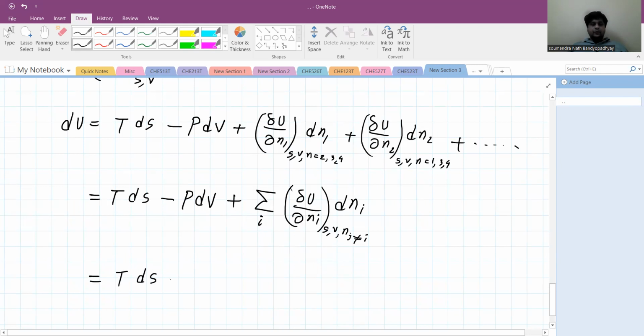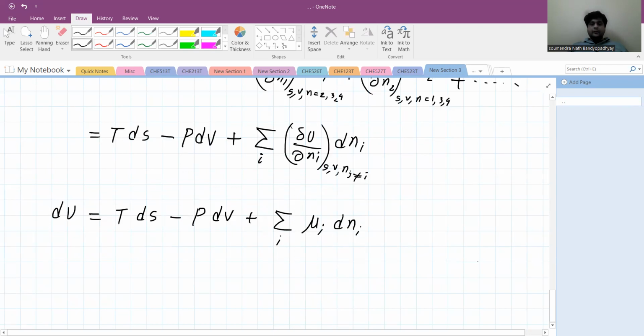In a simpler form, it can be written as T dS minus P dV plus the summation of chemical potential mu into dni. Okay, it is clear, right? We can call this equation number 3.